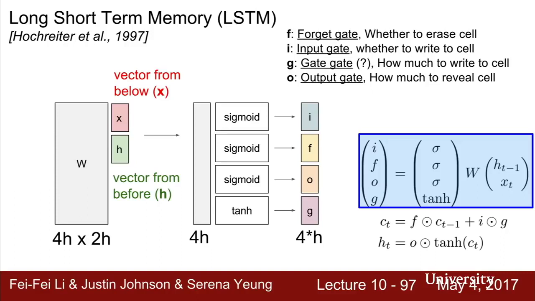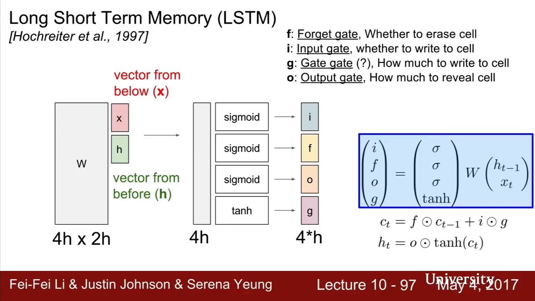It says how much do we want to input into our cell. F is the forget gate: how much do we want to forget the cell memory from the previous time step? O is the output gate, which is how much do we want to reveal our cell to the outside world. And G doesn't really have a nice name, so I usually call it the gate. G tells us how much do we want to write into our input cell.